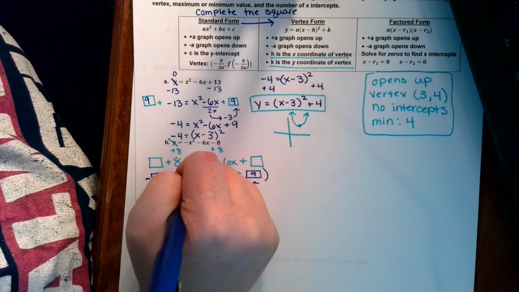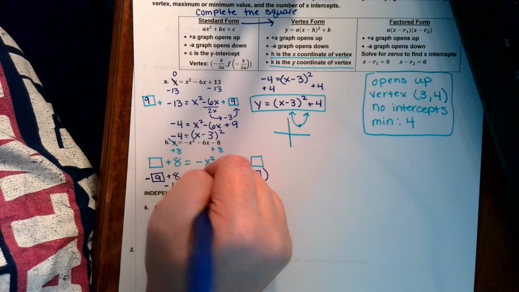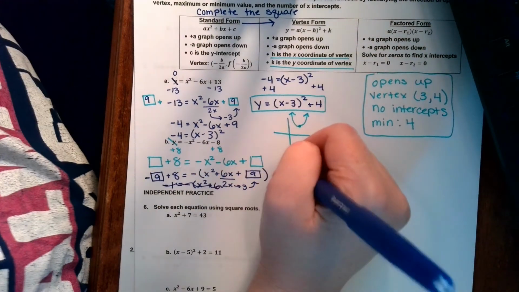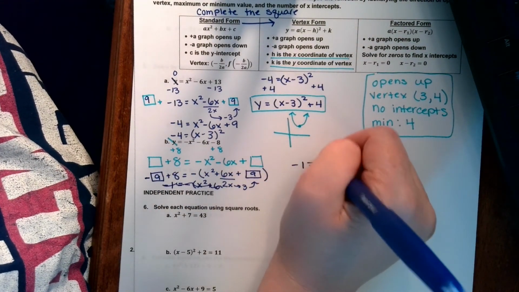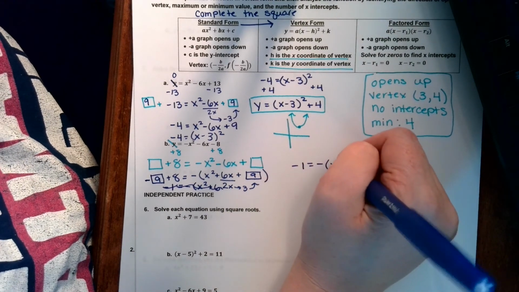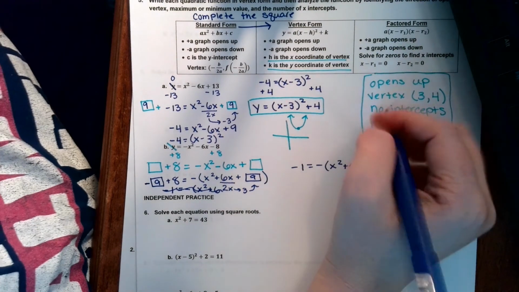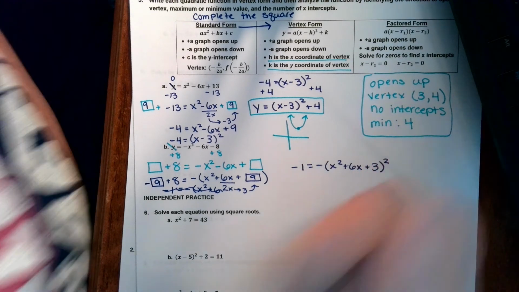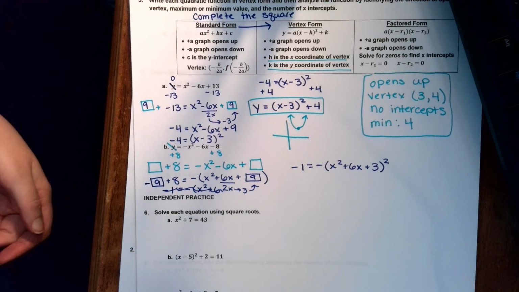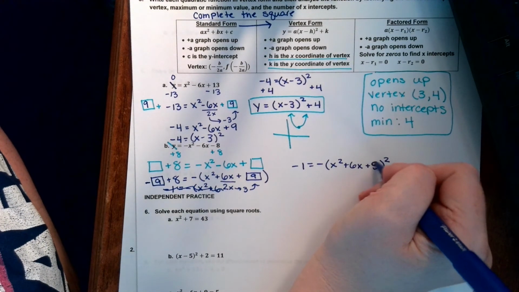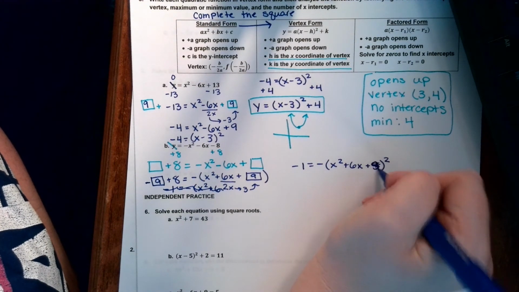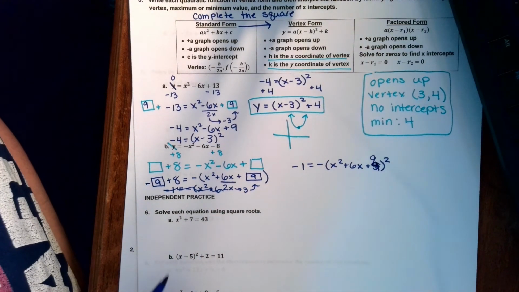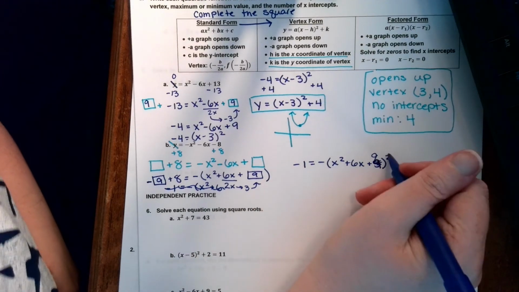And this equals negative x squared. Oops, let's rewrite this over here. Negative 1 equals negative x squared plus 6x plus 9. I was looking at this 3 plus 9, and this isn't squared yet.